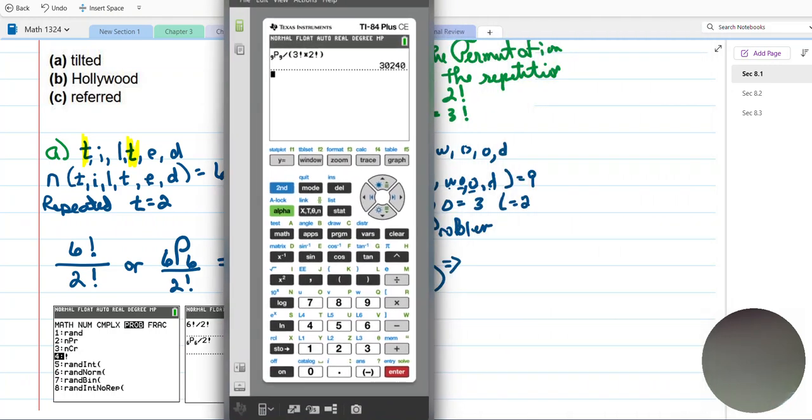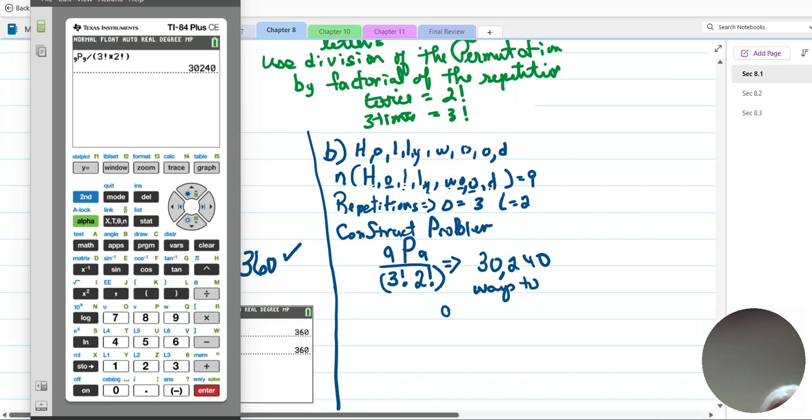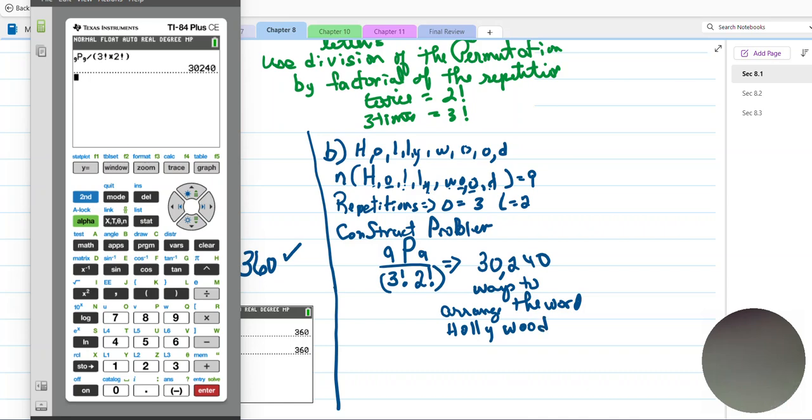Let me move this over here for a little bit. 3240. All right, so we have this many ways to do Hollywood.